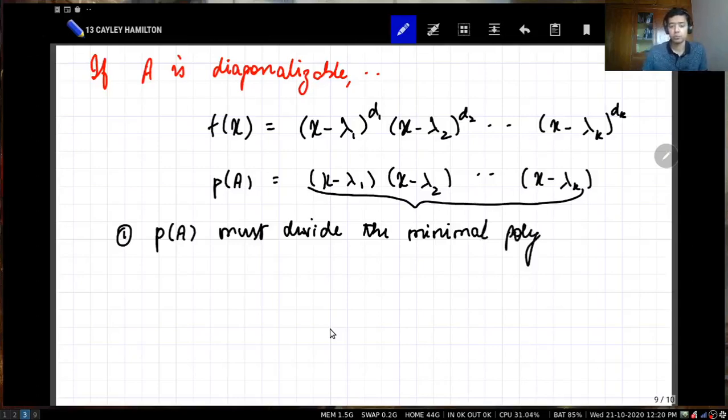Why is this true? This is true because lambda 1, lambda 2 up to lambda k are the eigenvalues of A, and each of these is a root of the minimal polynomial of A. We've just shown that, right? And this is the smallest degree polynomial which has all the roots being equal to the eigenvalues. So P must divide the minimal polynomial, but we don't know yet if it's annihilating or not.